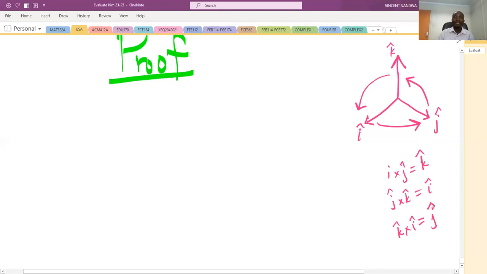And when you reverse the order, then you get the negative values. So you have to remember this.